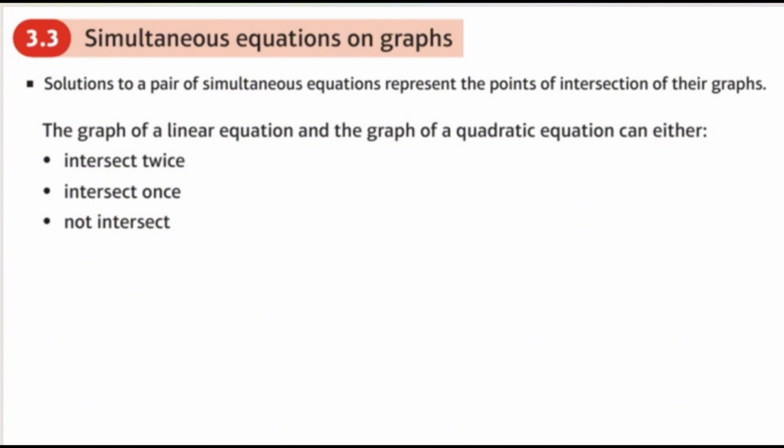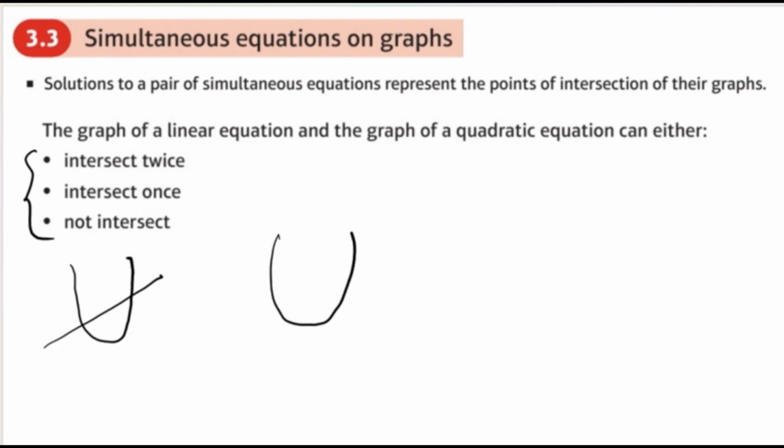The first topic is simultaneous equations on a graph. So the graph of a linear equation and a quadratic equation, three possibilities are there. First, either they intersect at 2 points, or it will just touch the graph, or you can say intersect once, or they are not touching each other.